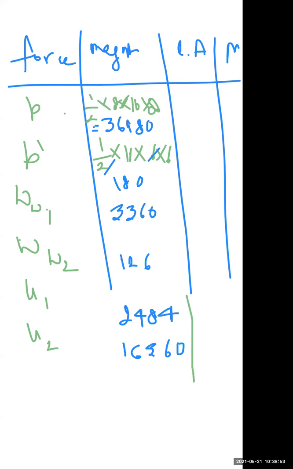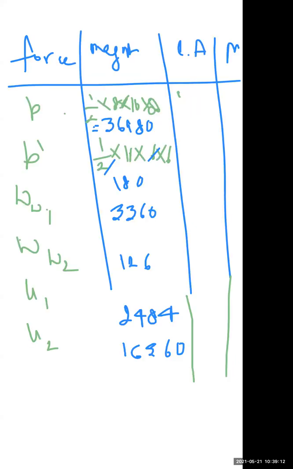Then calculate the lever arm for the different forces. Lever arm for P is similar to the previous case, that is 26.26. Lever arm for the P downstream direction force is 2 meter, same as previous, that is H by 3, 6 by 3, that is 2 meter.